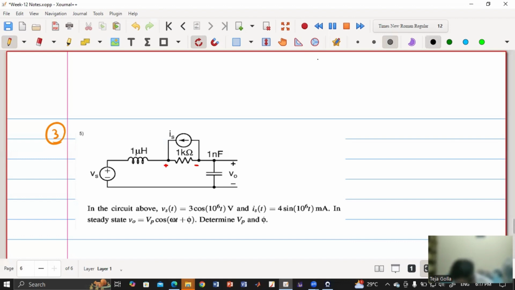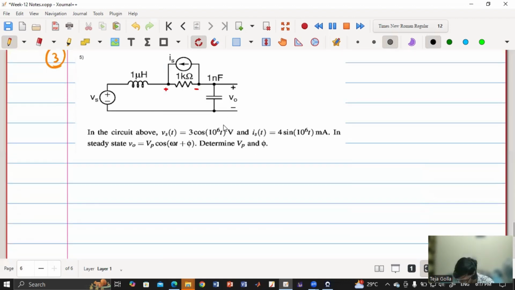Let me redraw this. I have an inductor, a resistor, and a capacitor. I have one voltage source with plus here, minus here, and another voltage source with plus here, minus here.